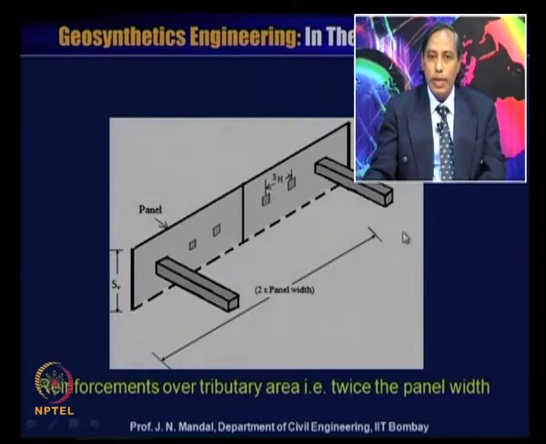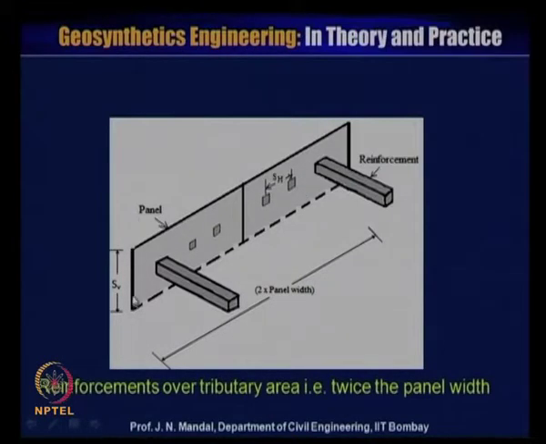The tributary area will be equal to 2 into panel width. This is the horizontal spacing between the reinforcement, S H, and this is the vertical spacing between the reinforcement, S V. So, here it has been focused on the tributary area of the reinforcement, that means twice the panel width.